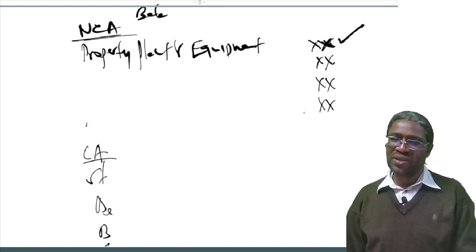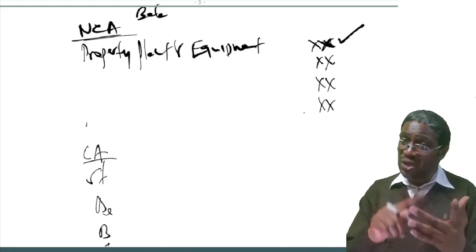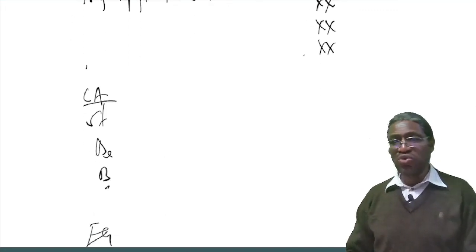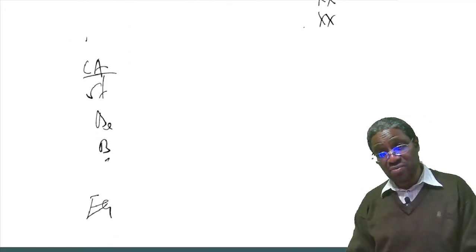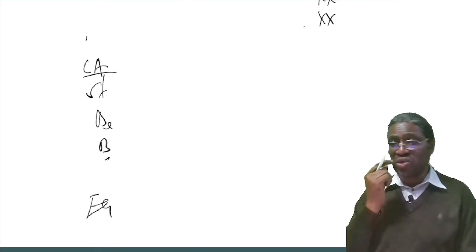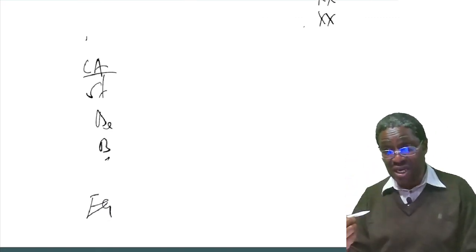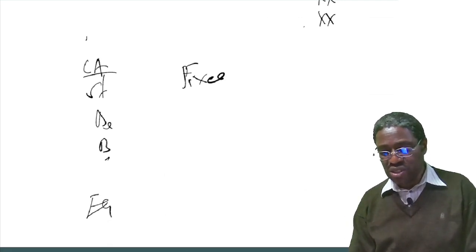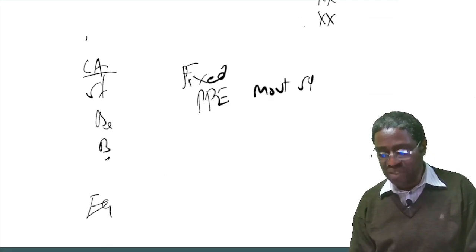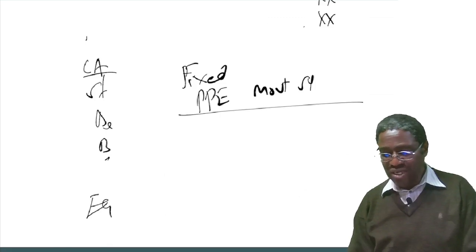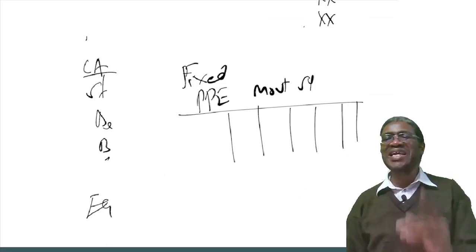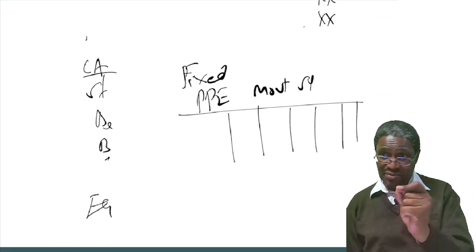Listen, when we say property, plant, and equipment, you remember when you did financial accounting, you did the topic of depreciation. And in that topic of depreciation, you usually had to prepare what we were calling fixed assets movement schedule. Some books will call it property, plant, and equipment movement schedule. You remember it? That schedule had various columns, and each column was for a particular fixed asset.